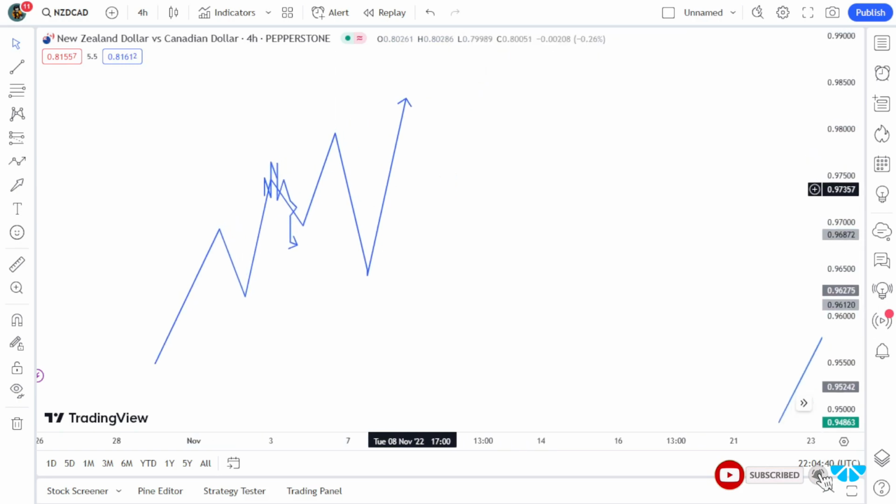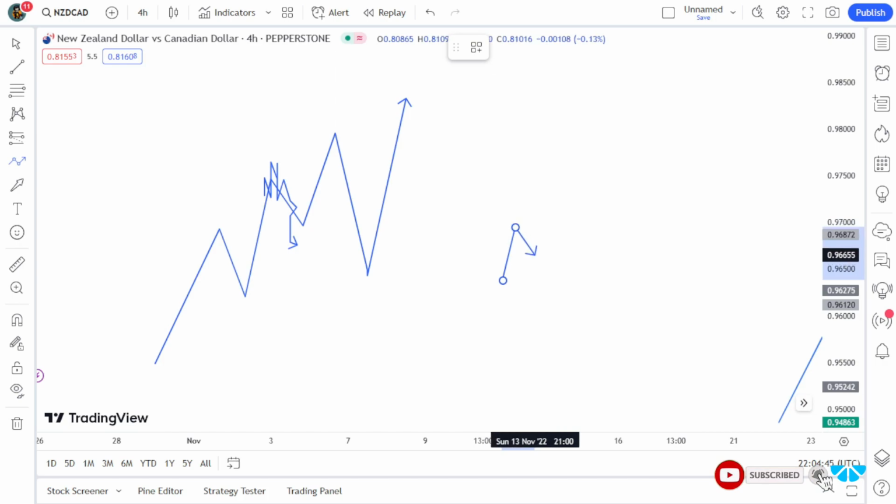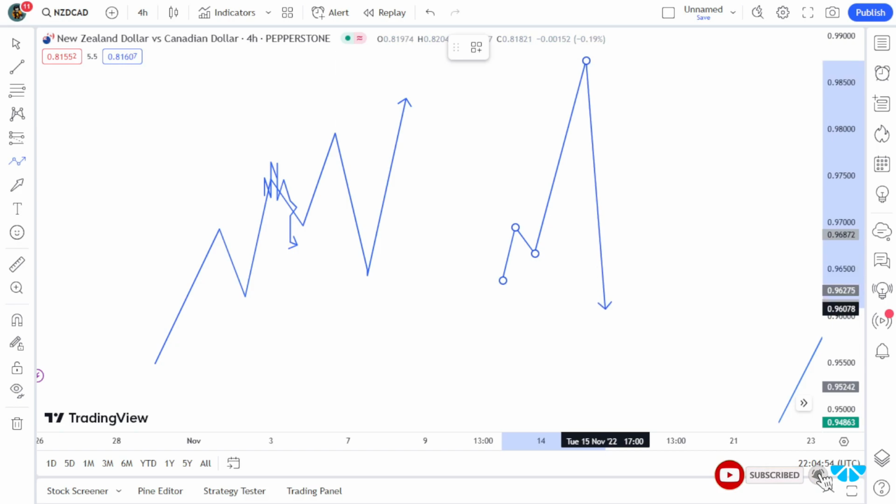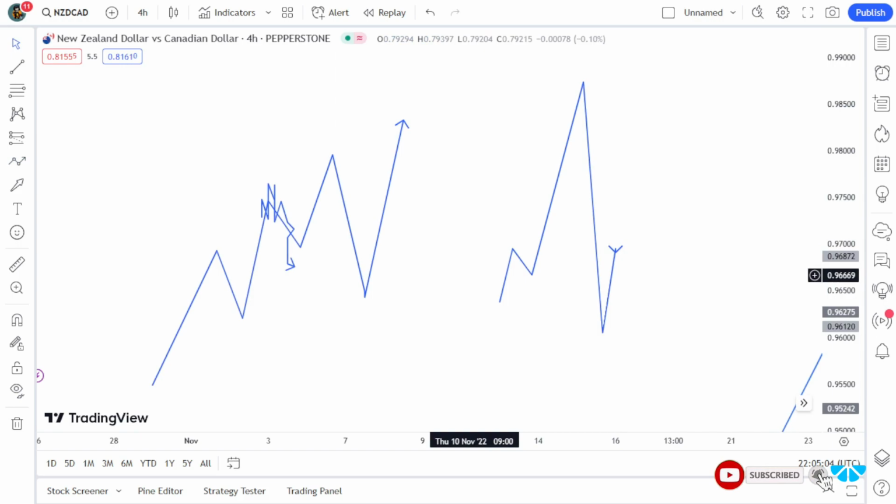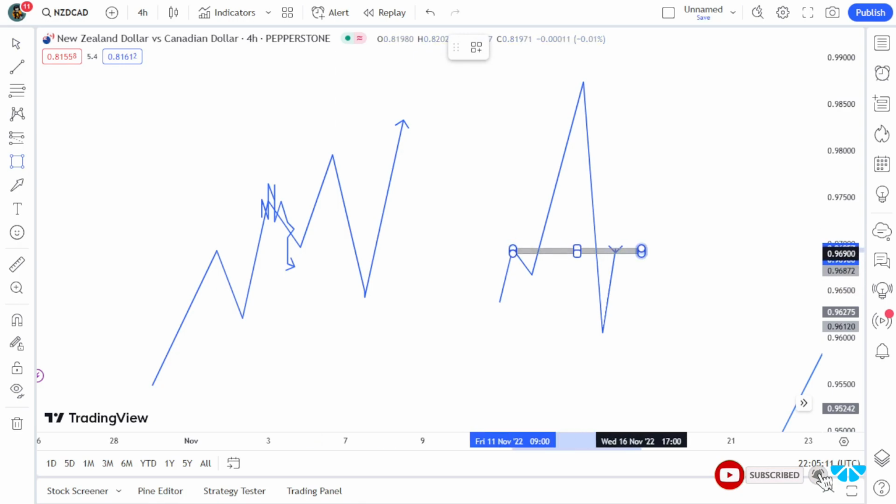Another example is maybe price makes higher high, higher low, then takes a large pull up before coming down to make a Quasimodo pattern. Some people might think this is a Quasimodo pattern, but it is not. Avoid this kind of low quality setup. Don't make the mistake of putting your point of interest here and thinking that price will go down.